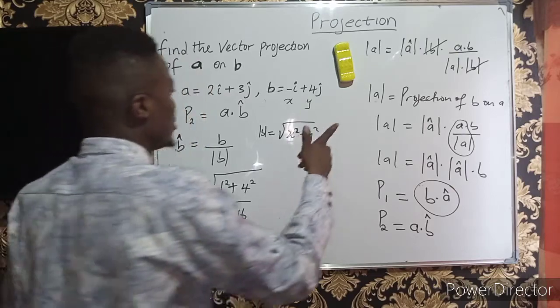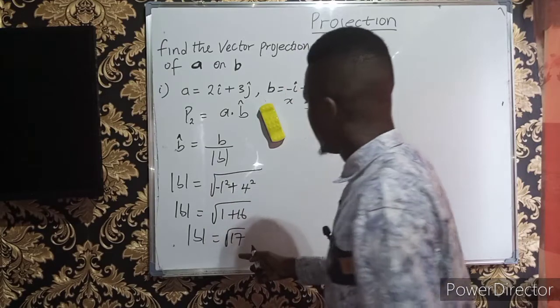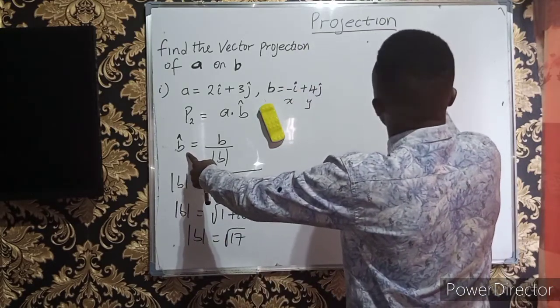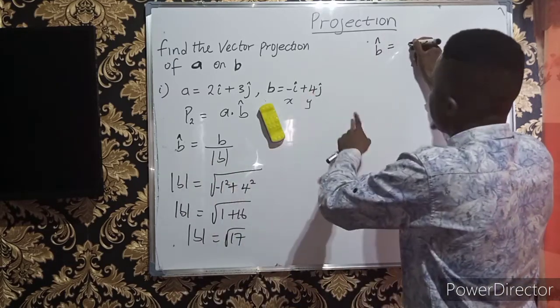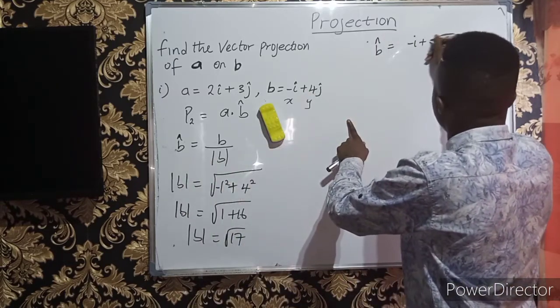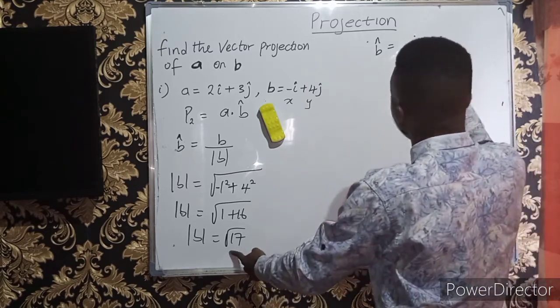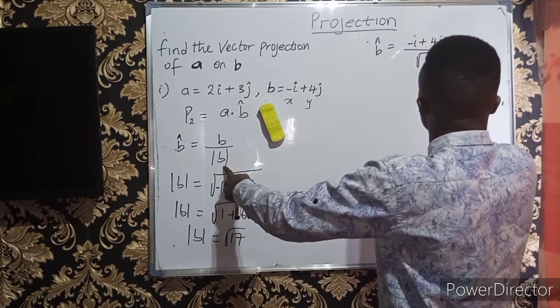Okay, so I'll wipe here and continue. Now since I've got the modulus of b, let us complete the unit vector of b. So unit vector of b will now be b. Our b is minus i plus 4j all over modulus of b, which from the formula is just root 17.